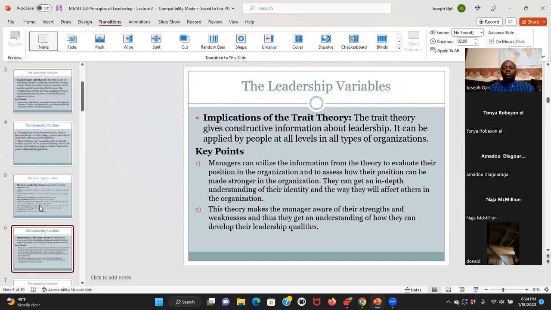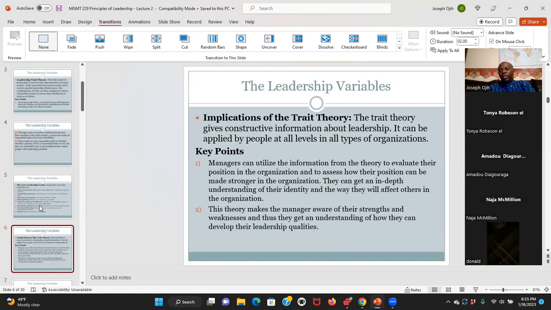Now, let us look at the implications of the trait theory. The bottom line is that we can apply the trait theory at all levels in any organization.